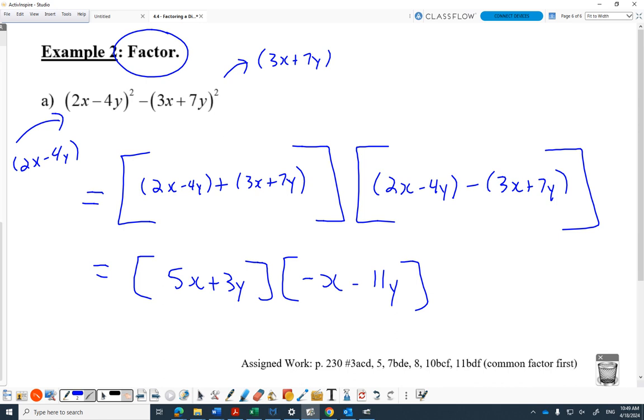You said add to the thing. We want things multiplied. You see, this is a bracket times another bracket. This is factored at the end because there are things multiplied together. So a nice short form of factoring: make it into a multiply question. Make it into two things multiplied.